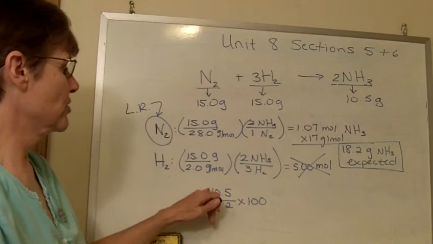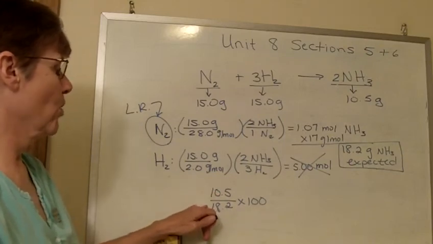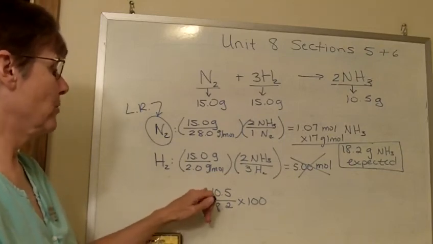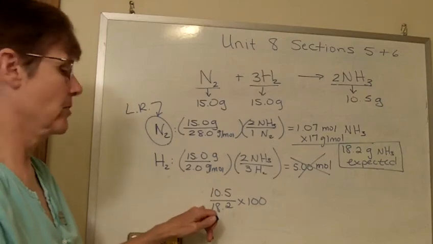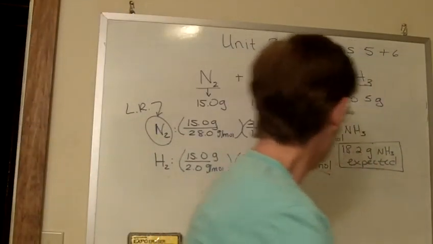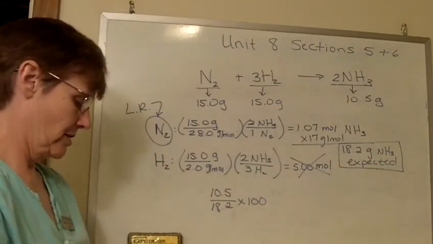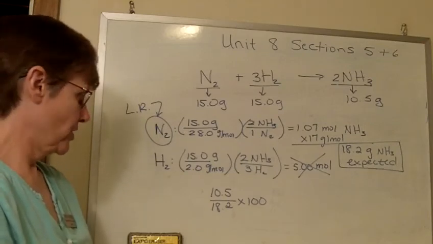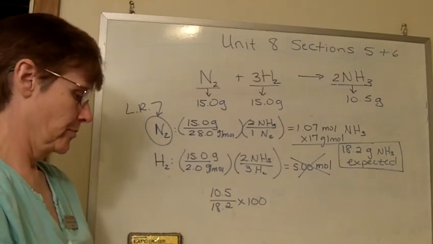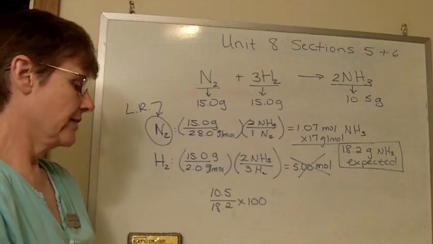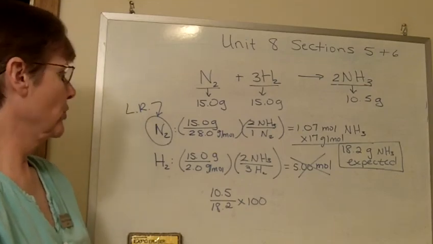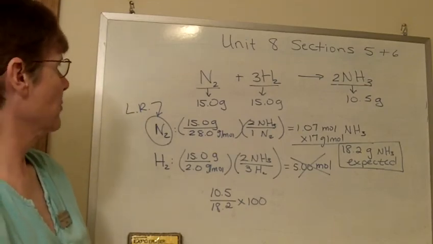So doing a percentage, this is the part and this is the whole. So we only got about 10/18 of what we should have been able to get. So let's do a calculation that gives us the exact percentage. So that is only about 57.7%. Looks like I have 3 sig figs here.